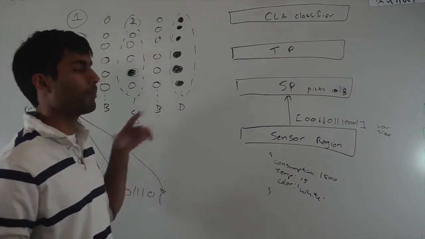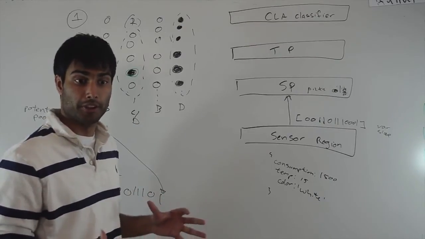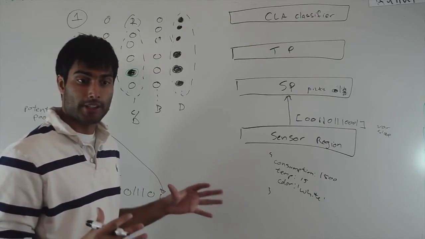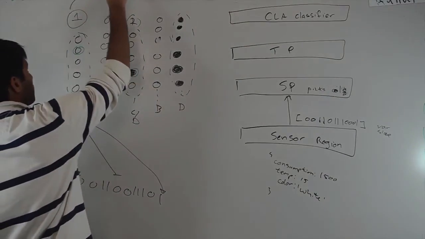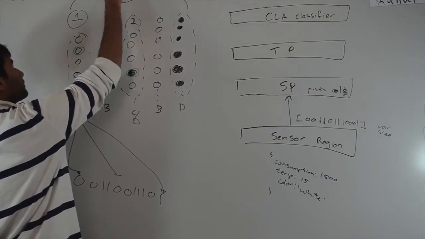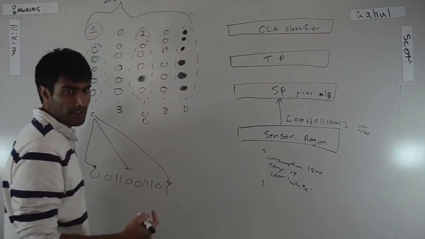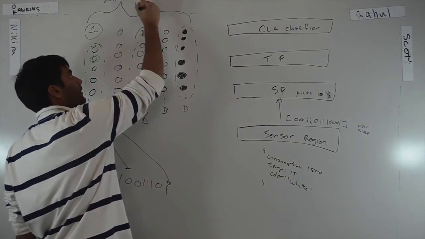Now, in our current CLA approach, we have a fixed size spatial pooler that is 2048 columns, and 2% of that is around 40, so we have 40 active columns.